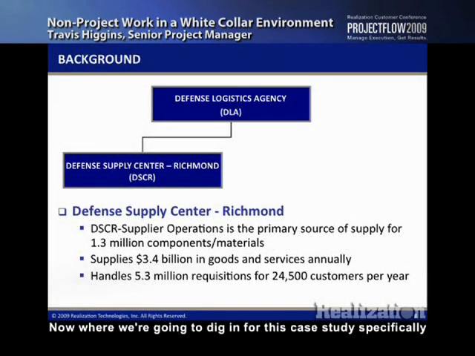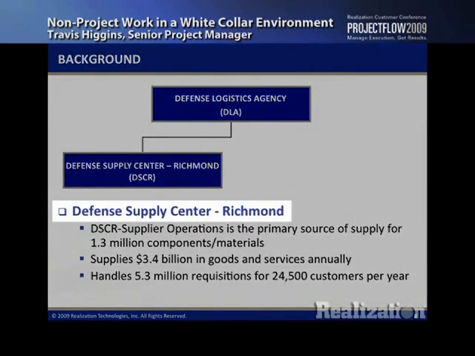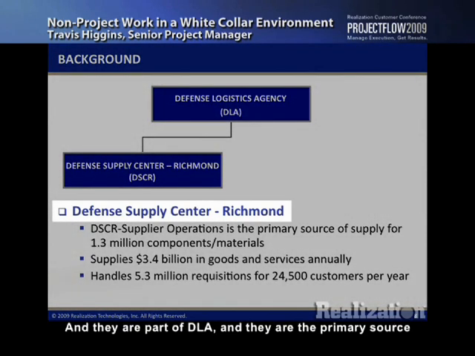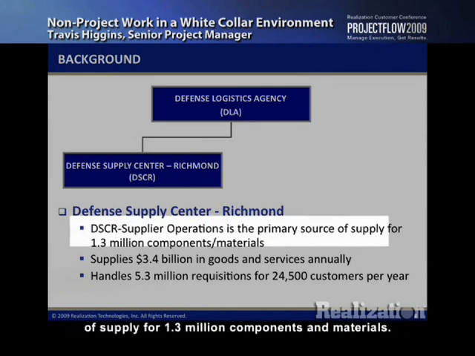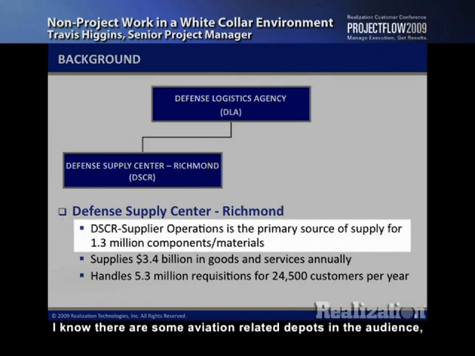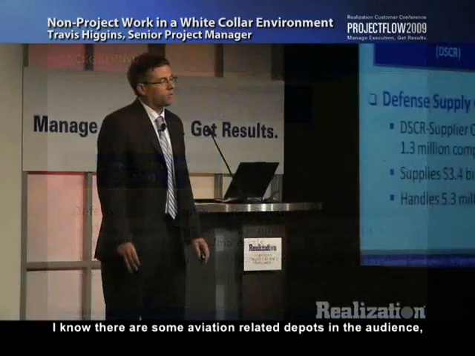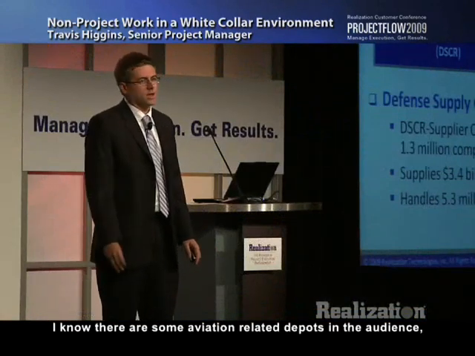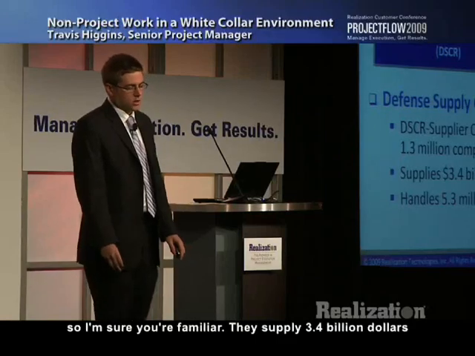Now, where we're going to dig in for this case study specifically is with the Defense Supply Center Richmond. They are a part of DLA, and they are the primary source of supply for 1.3 million components and materials. I know there are some aviation-related depots in the audience, so I'm sure you're familiar.